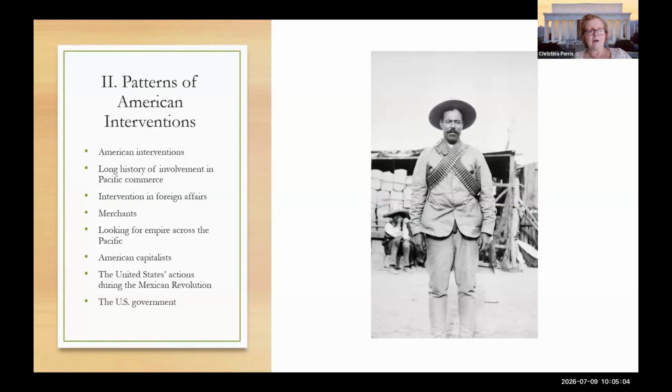But even before Congress could respond, Wilson invaded and took the port city of Veracruz to prevent, he said, a German shipment of arms from reaching Huerta's forces. Now, we're thinking about this. Why would he be so concerned about German arms reaching Huerta's forces?